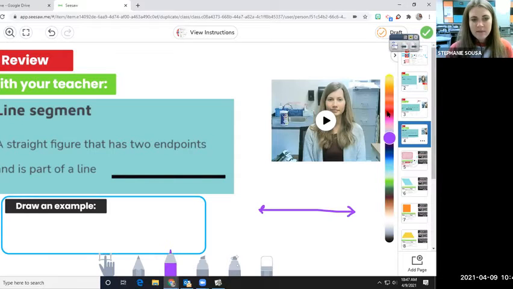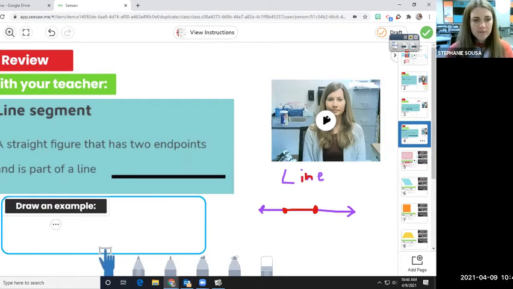A line segment is part of a line. So this right here is what a segment can look like. It is on the line. It is part of the line. Okay? So a line segment is like chopping it, and it's only looking at a small bit of it.